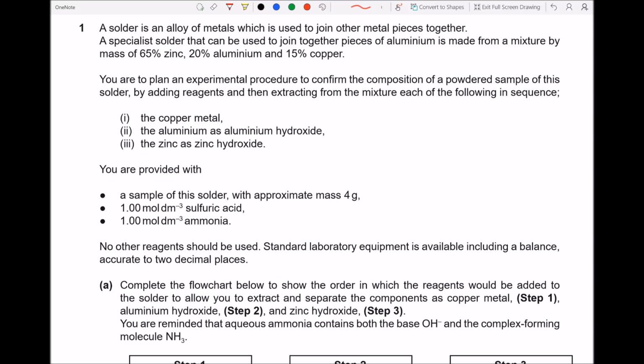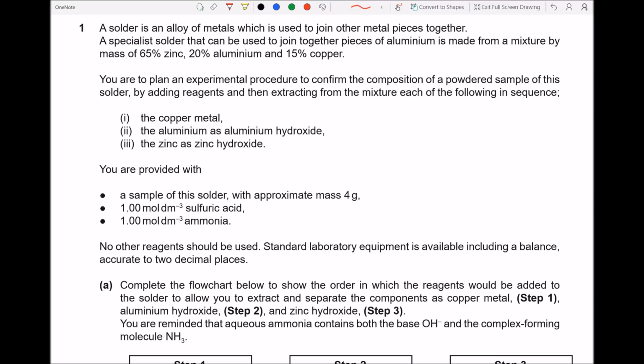You are provided with a sample of this solder with an approximate mass of 4 grams, 1 mol per dm cubed sulfuric acid and 1 mol per dm cubed ammonia as well. No other reagents should be used, so this has helped you a little because they've told you what reagents we're going to use. Standard laboratory equipment is available, including a balance accurate to 2 decimal places.